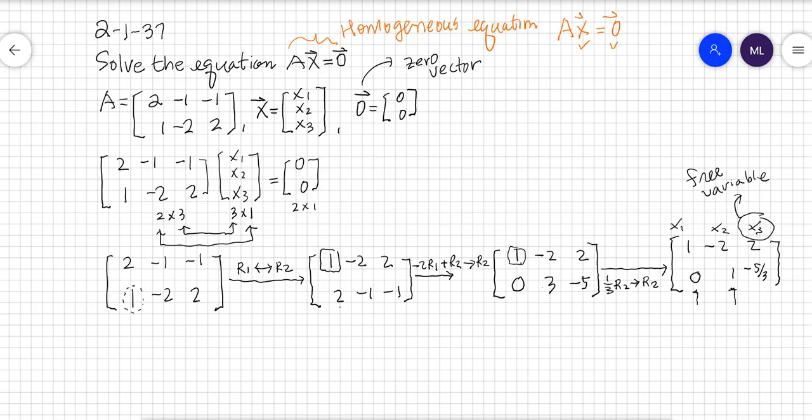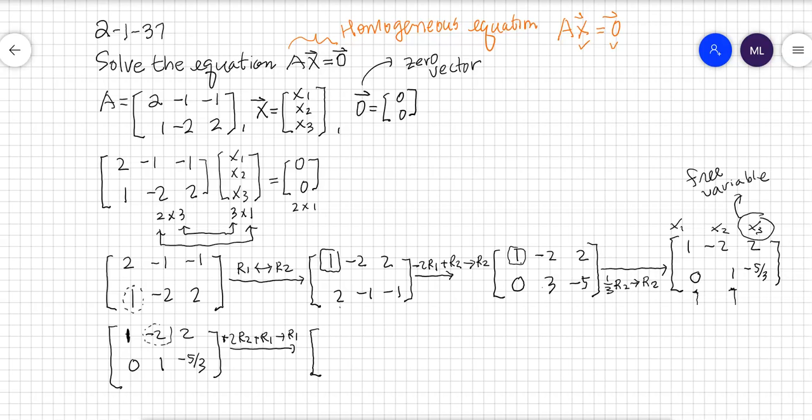So now, what is the meaning of that? If I rewrite, that is 1, -2, 2, 0, 1, -5/3. Well, let's go ahead and make this one 0. That means positive 2 R2 plus R1 goes to R1.